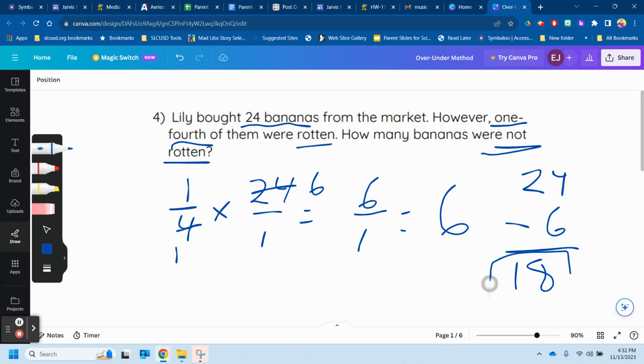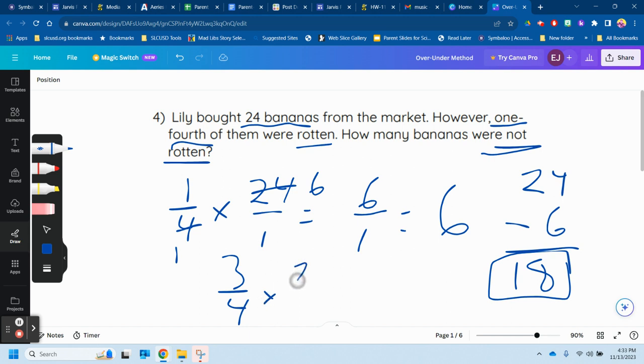We're okay. Or I could have done this differently and said, if 1/4 of them were rotten, 3/4 were not, and figured out what's 3/4 of 24, just a different way of working it.